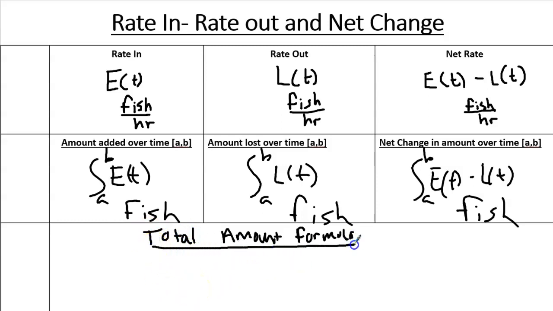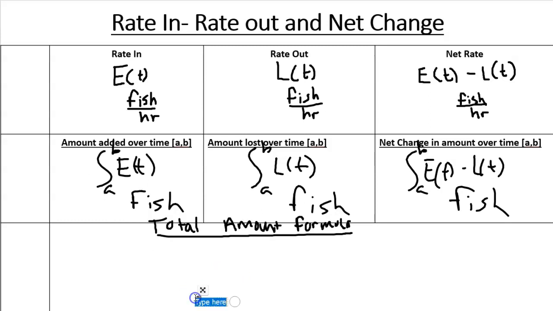Now, in this case, this formula I'm about ready to write down would be a formula that can tell you the total number of fish at any given time. So how that works is you're going to have the starting amount, and you're going to add to that the net change in the amount.